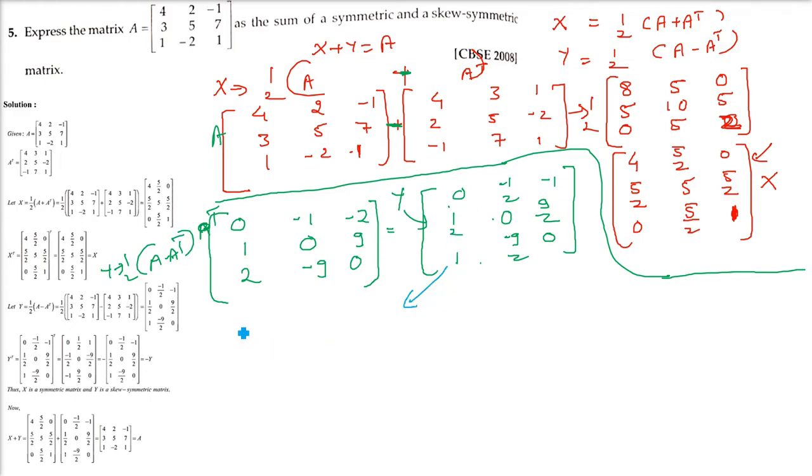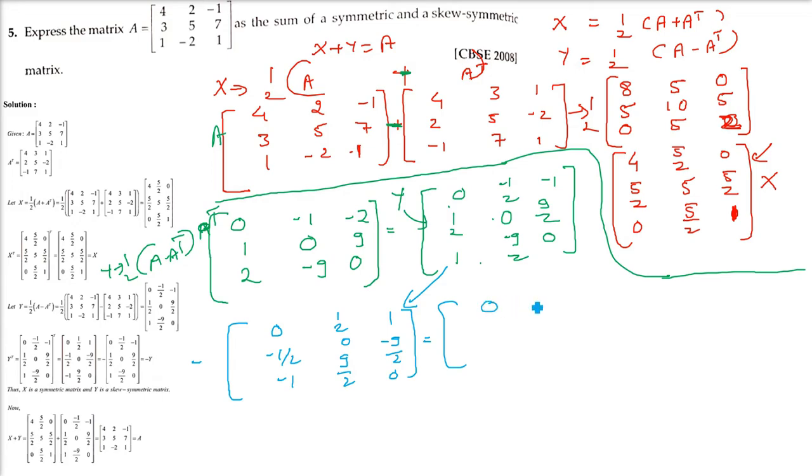So I am taking Y now. I am taking the rows to column. 0, minus half, minus 1 by 2 and minus 1. Then half, 0 and 9 by 2. Then 1, minus 9 by 2 and 0. Now you just take negative 1 common out, or you can say you multiply negative 1 inside.